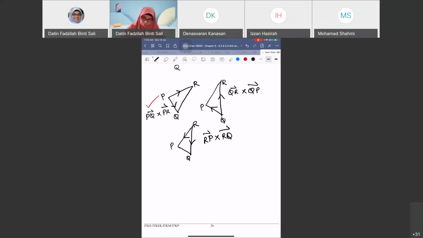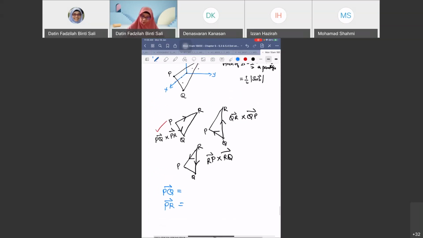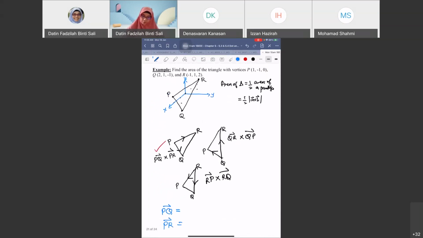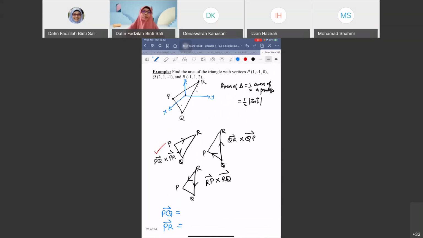That means I need to find my vector PQ as well as my vector PR. So again, back to the coordinates just now. Look at the coordinates carefully. P is (1, -1, 0), Q is (2, 1, -1), and R is (-1, 1, 2).